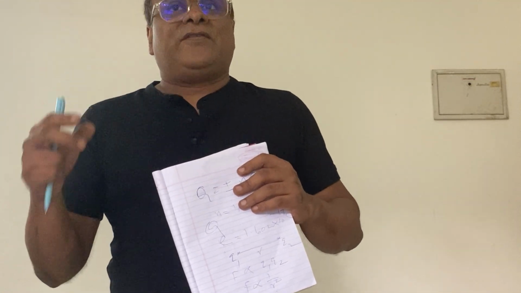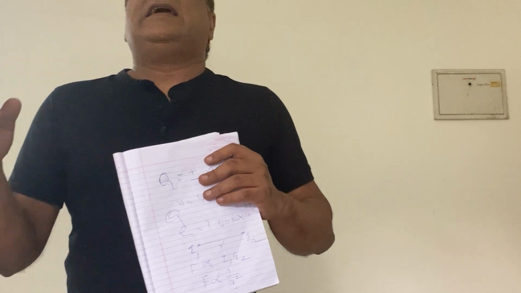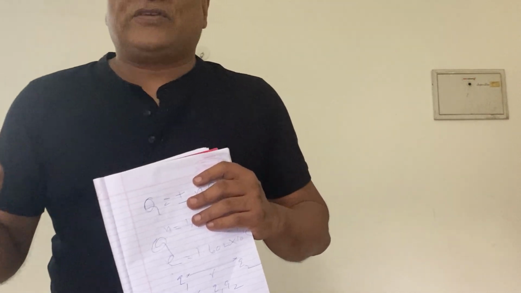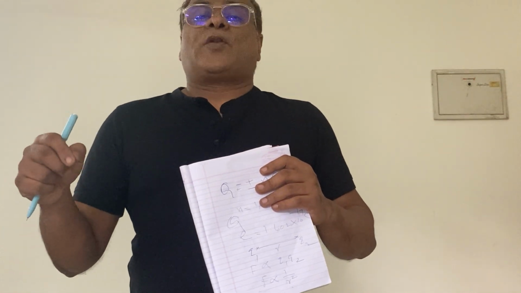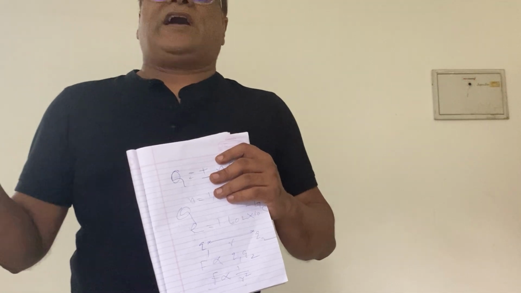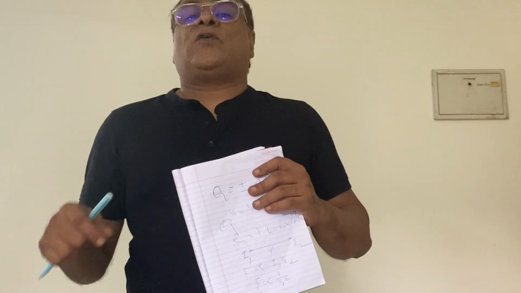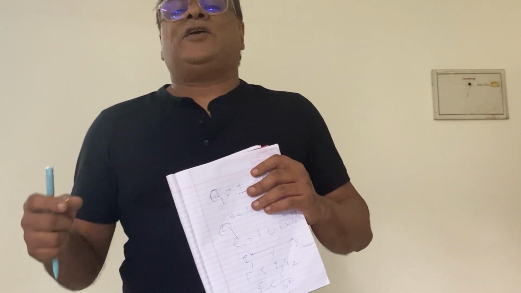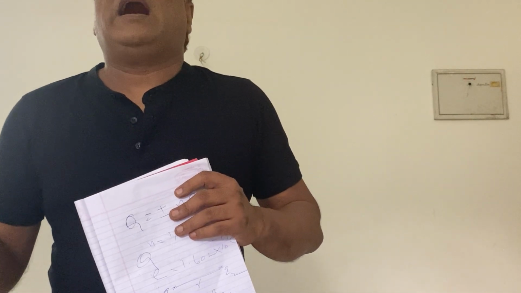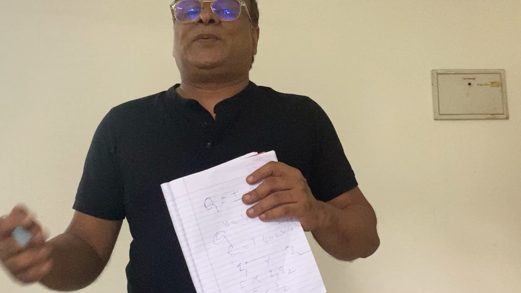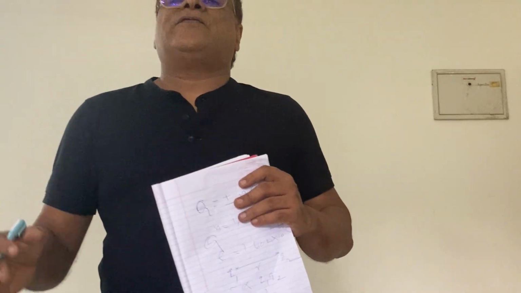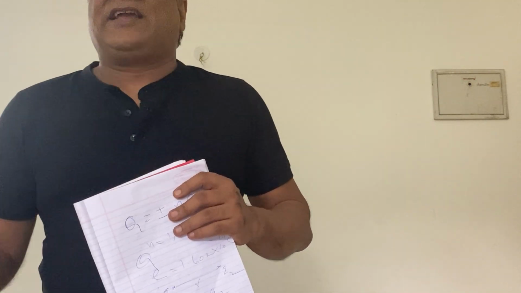To change the proportionality into an equal sign, you introduce a constant. F is equal to 1 by 4 pi epsilon zero Q1 Q2 by R square, where epsilon zero is the permittivity of free space. What is permittivity? It is the ability of a medium to transmit electric lines of force. What is permeability? The ability of a medium to transmit magnetic lines of force.